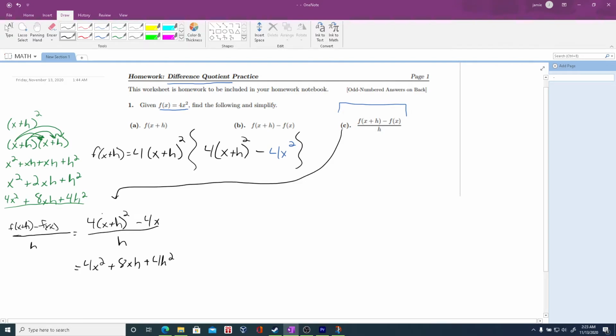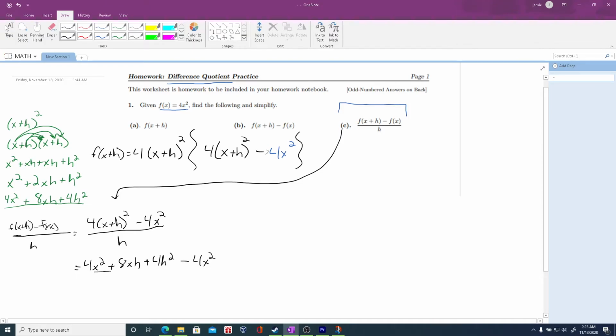And remember, this is just from the first portion, so we still have to tack on that minus 4x squared. Sorry, it should have been squared right there, because we pulled it from right here, 4x squared. So we have the original on the end, and then the plus h version on the left of the subtraction.